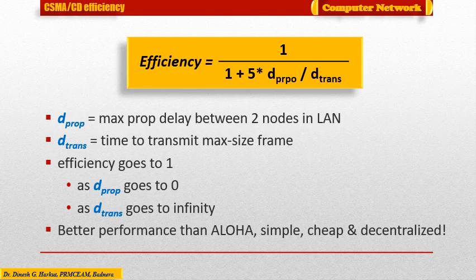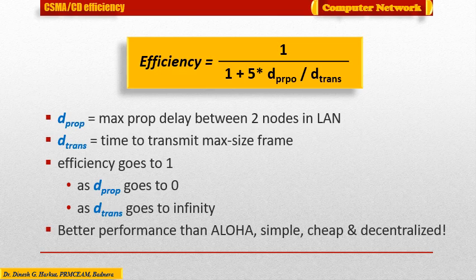In order to present a closed form approximation of the efficiency of Ethernet in case of CSMA with CD, let us assume that D prop is the maximum time it takes signal energy to propagate between any two adapters, and D trans is the time to transmit a maximum size frame, that is approximately 1.2 millisecond for a 10 Mbps Ethernet line.